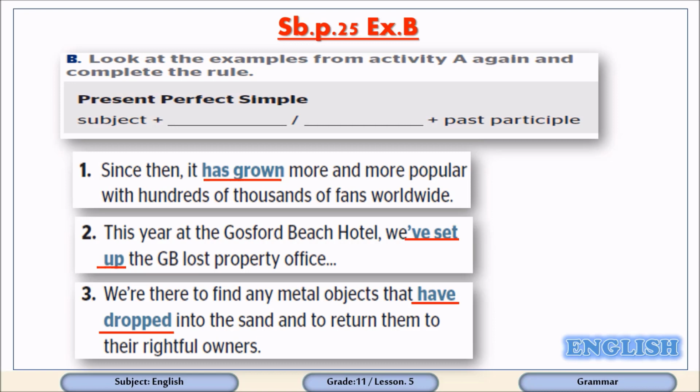So the subject metal objects comes with have plus the past participle dropped. Okay, from these three sentences, we can notice that the present perfect simple consists of the subject, then has for singular, or have for plural, plus the past participle.